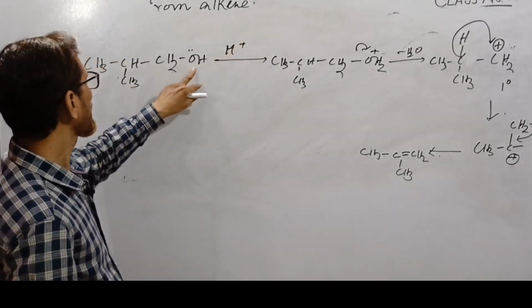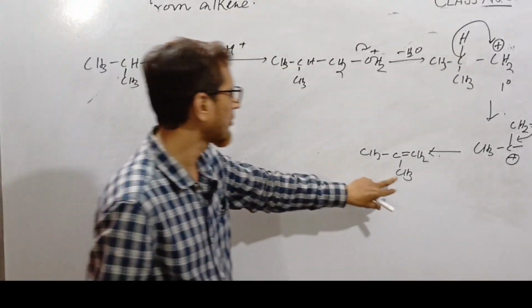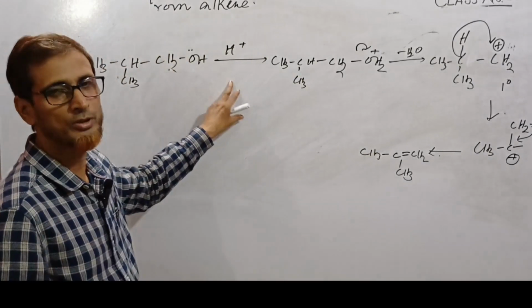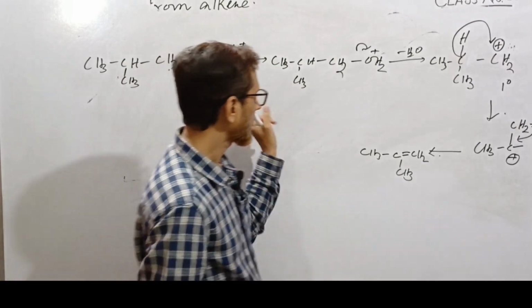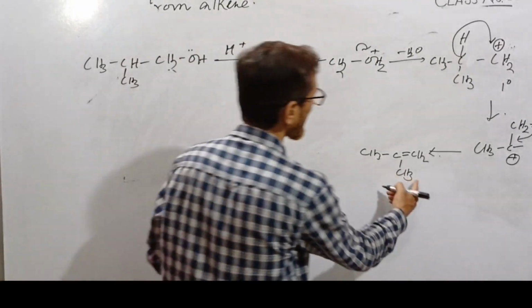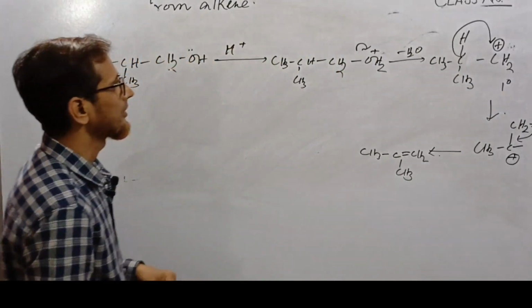So when deprotonation occurs, dehydration occurs, very often from concentrated sulfuric acid. There is a question of temperature; no doubt, I am not mentioning the temperature. We are getting an alkene.